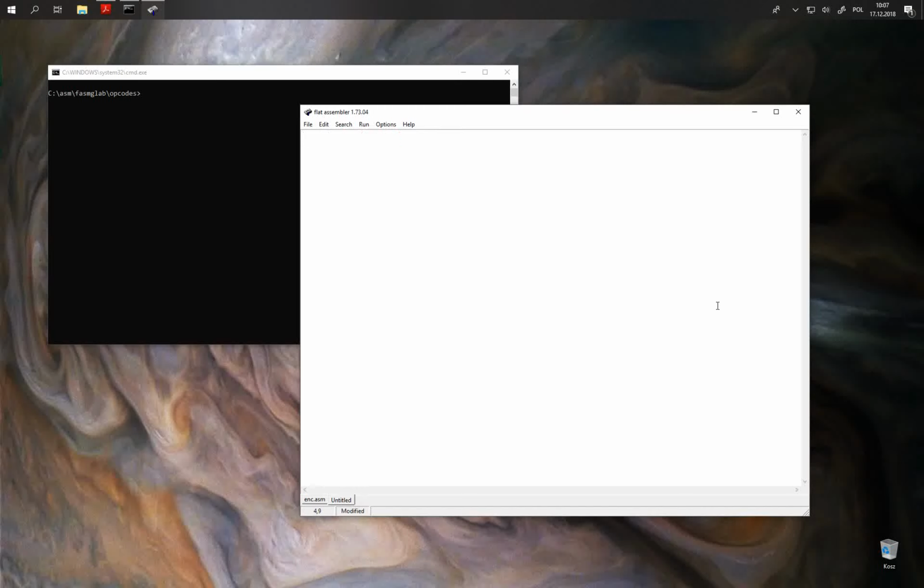Let's start today with a general structure of any instruction. As we have already seen, it starts with some prefixes, then opcode, then mod RM byte, scale index base.